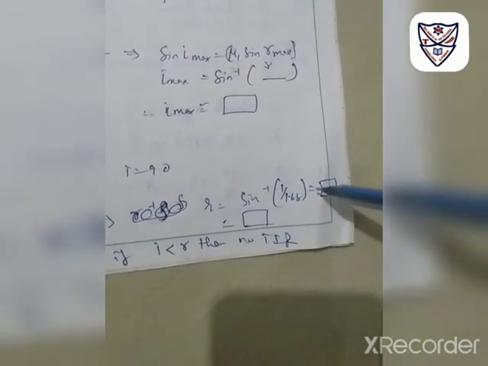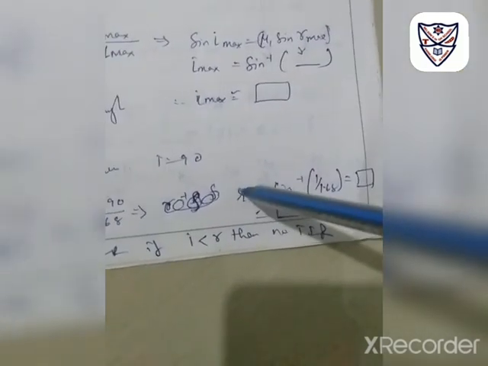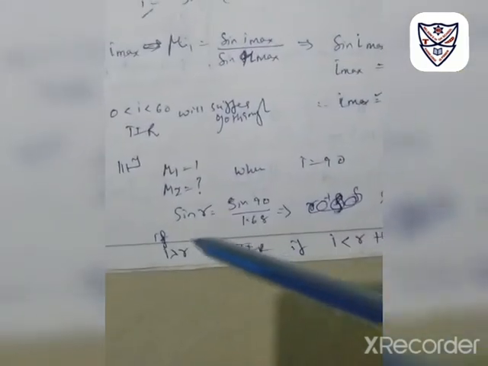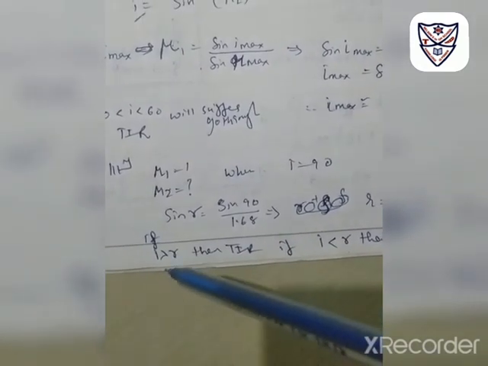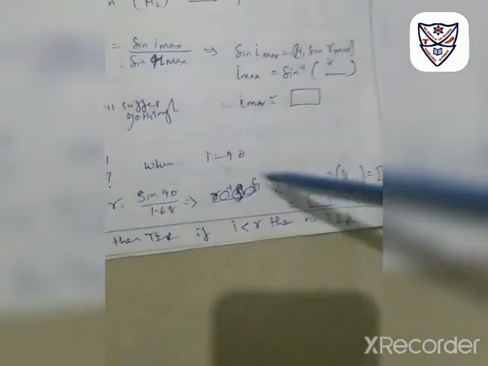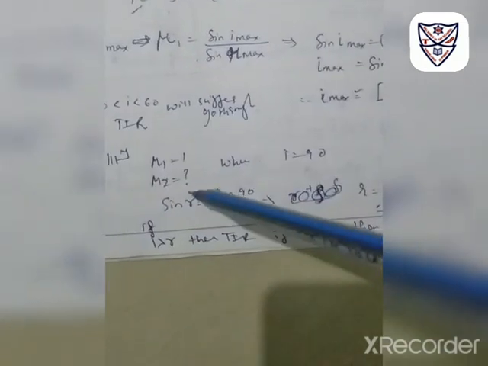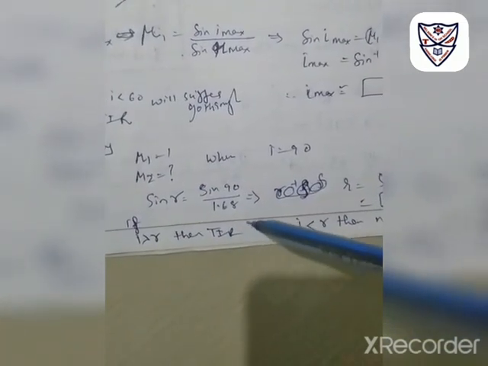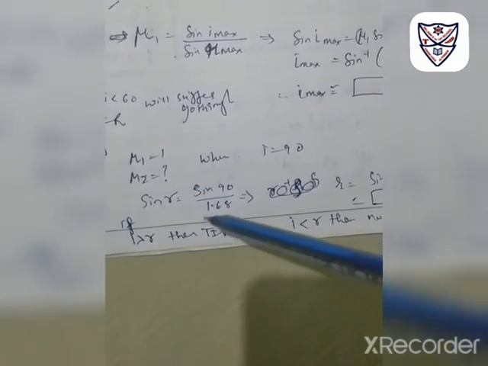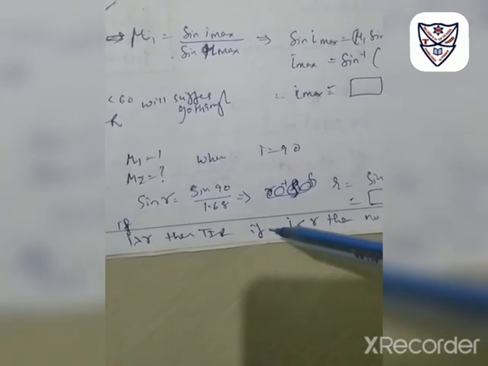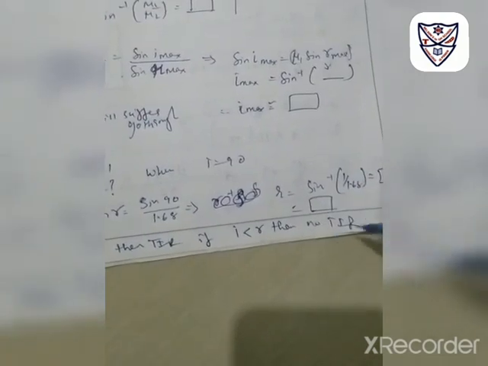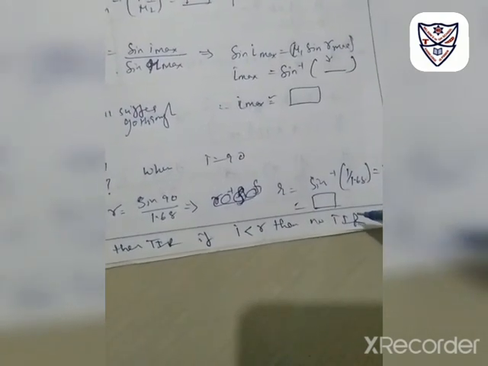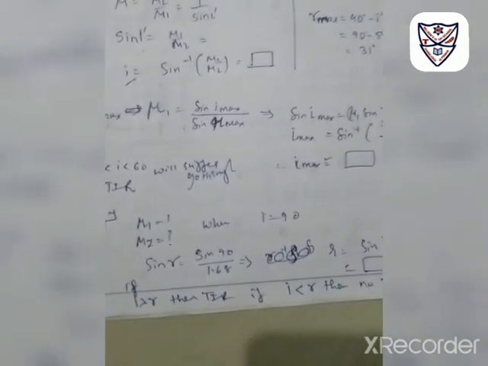I will find the inverse and I can get the value of R. So if my I is greater than R from here, then it will suffer total internal reflection. And if it is less than, then there will be no TIR.